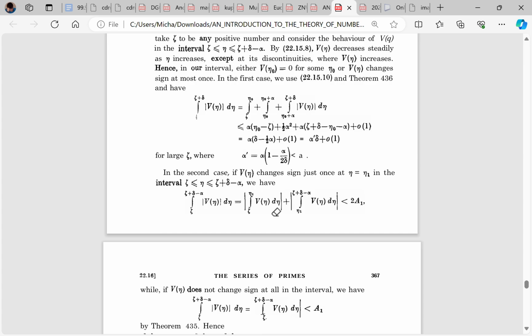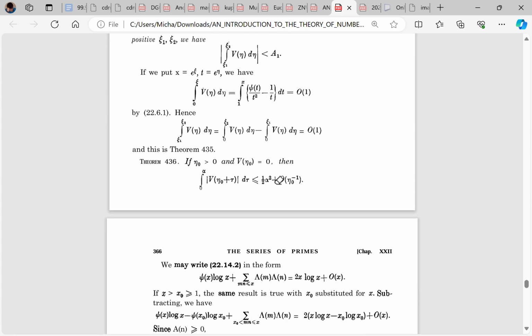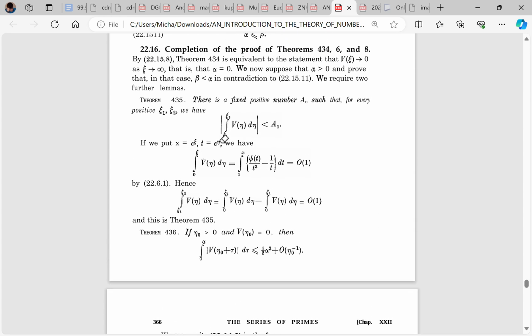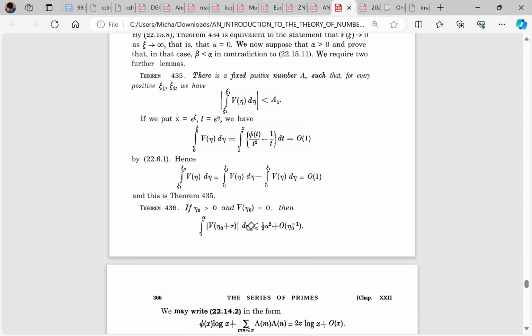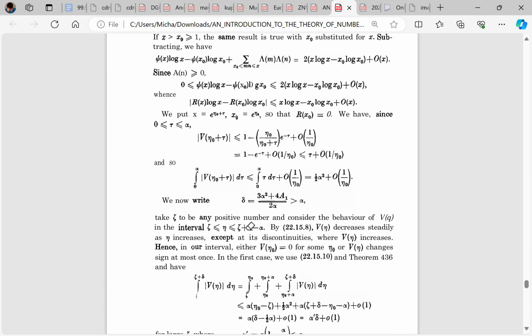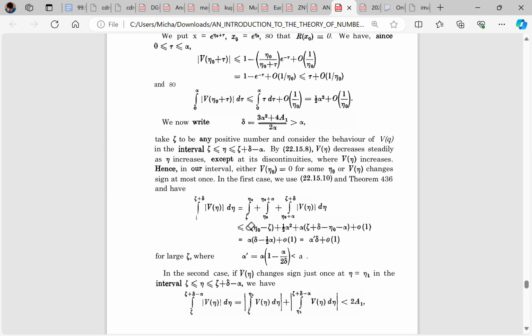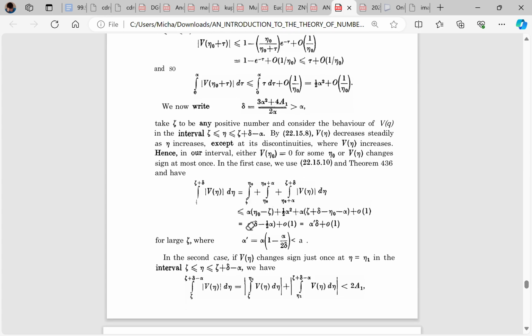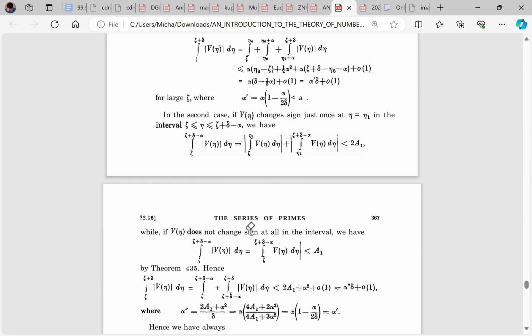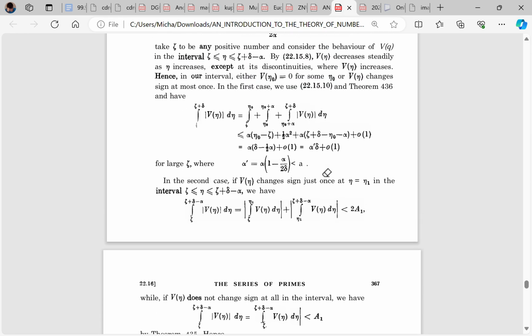And when the absolute value is on the outside, we had this lemma, which showed that the whole thing's bounded by A1. So the whole thing's bounded by 2A1.